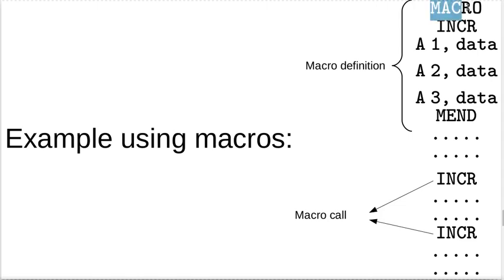This is the MACRO pseudo-op, which tells the macroprocessor, which tells the assembler, that we are beginning the macro definition, right? This is followed by the word INCR. INCR is nothing but the name of this macro that is being defined. INCR is the name of this macro that we are defining.